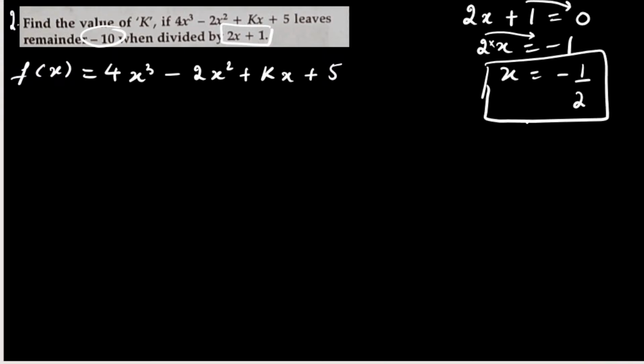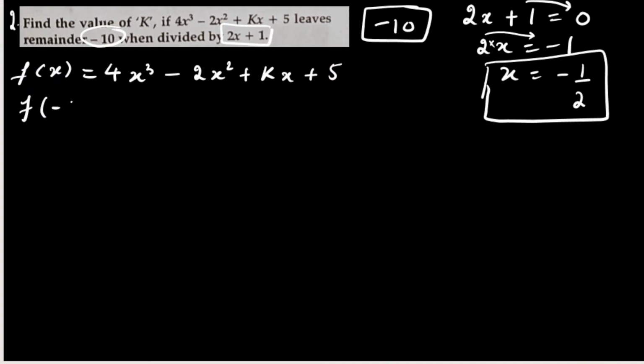Now remember, in the previous question, because it was a factor, the remainder was 0. Now the remainder is minus 10. So in our f(x), what value of x do we have to write? Minus 1 by 2. I'll write it here.